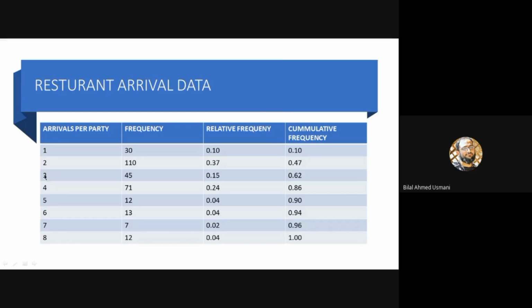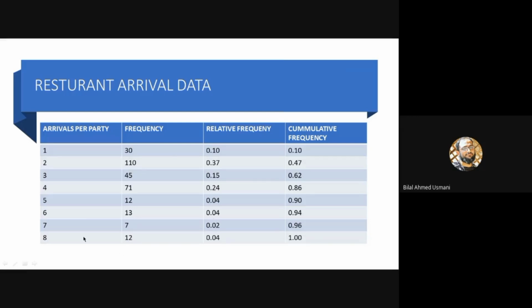Three arrivals per day, people in groups of three. Frequency is 45, relative frequency is 0.15, and cumulative frequency is 0.62, because 0.47 plus 0.15 becomes 0.62, and so on and so forth. People arriving in a group of 8 has a frequency of 12 per day and a relative frequency of 4%, and the cumulative frequency is 0.96 plus 0.04, which becomes 1.